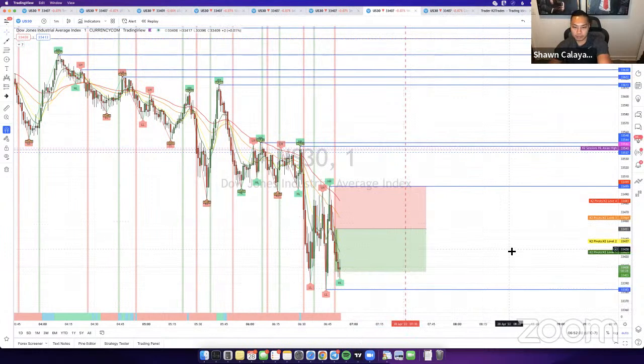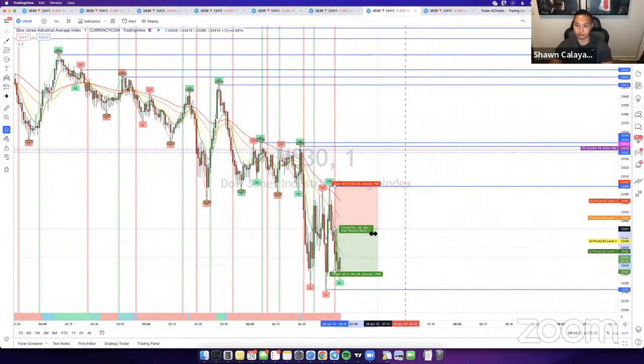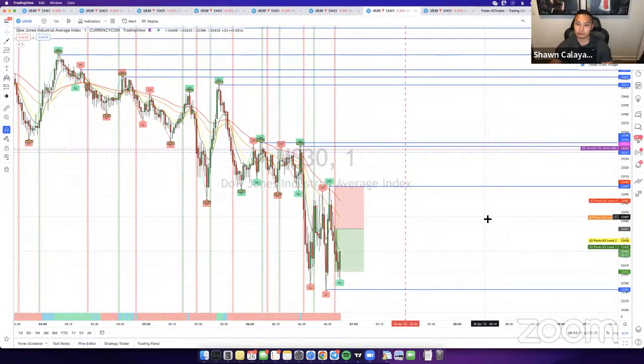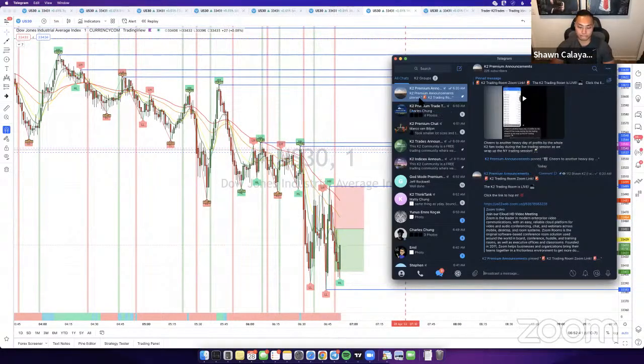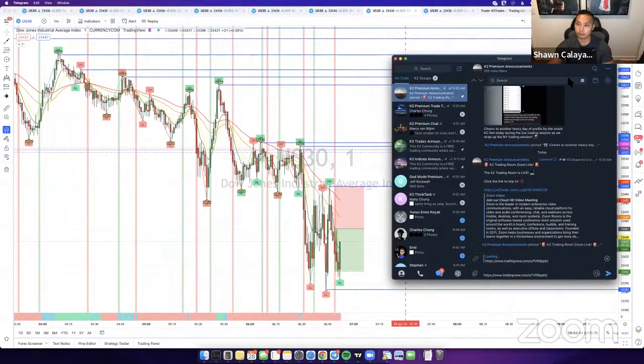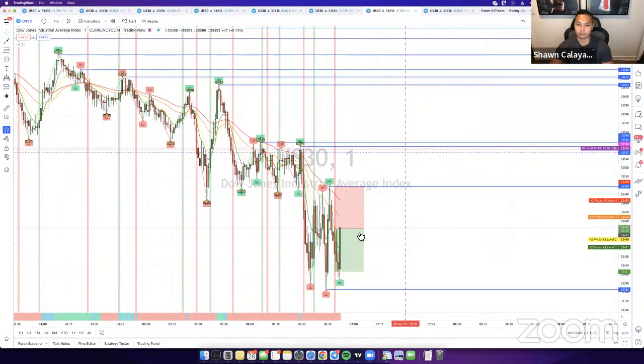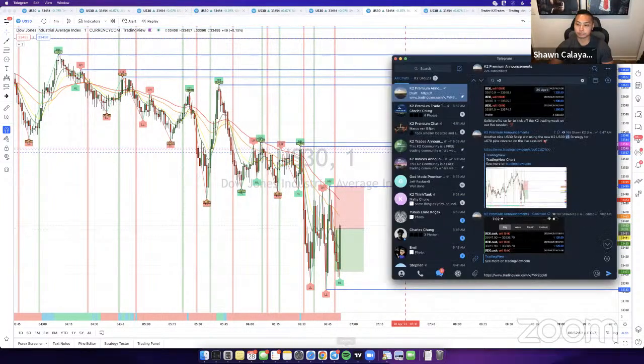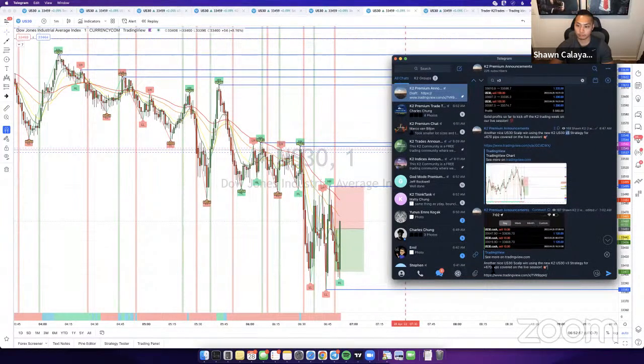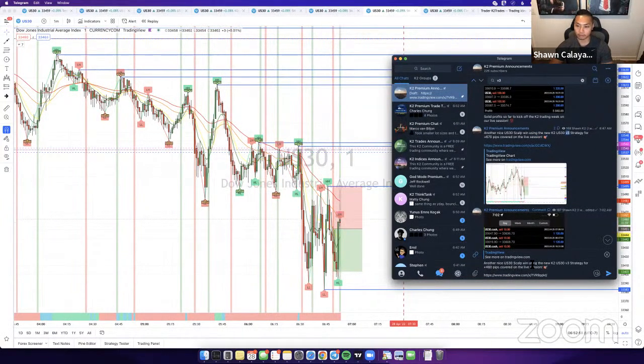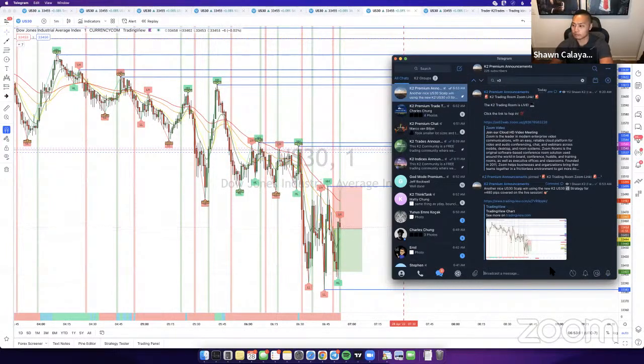Okay, let me take a screenshot of this and show you guys the update right here. D3. Which of the moves was this? 480. I'm shocked that it took a loss, because all my other accounts are perfectly fine.